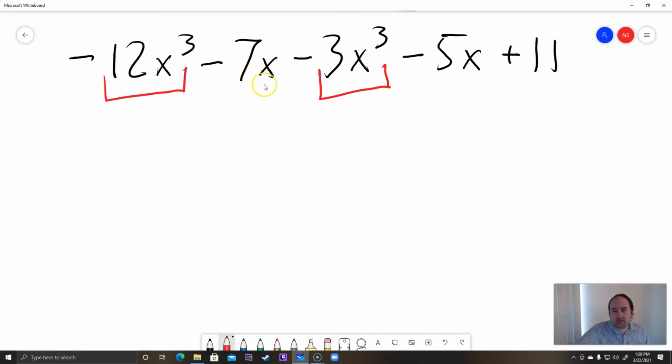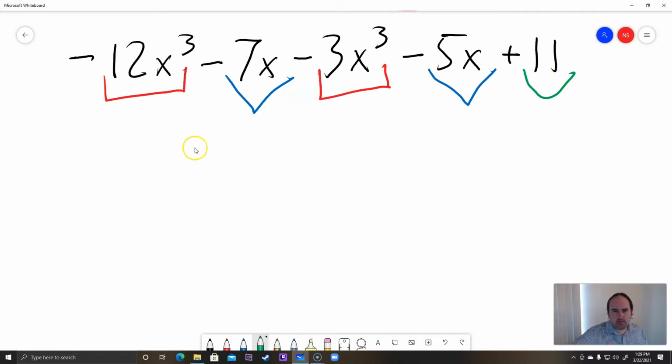So our next highest power is the x. We have negative 7x and negative 5x. Those are like terms. And then the lowest power that we see here is the constants, and there's actually only one constant here, which is the 11. And look, it made a smiley face.